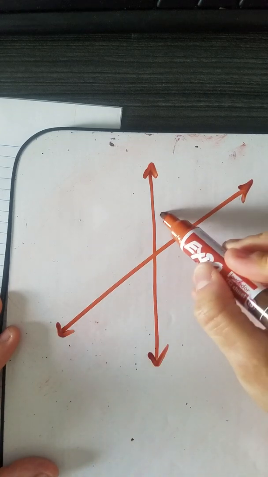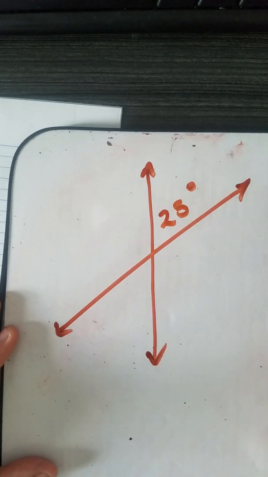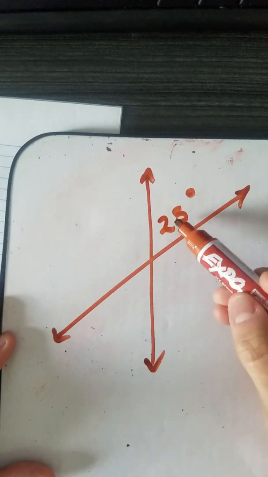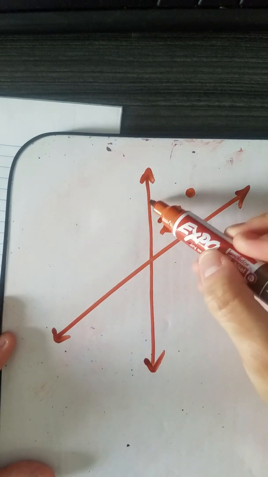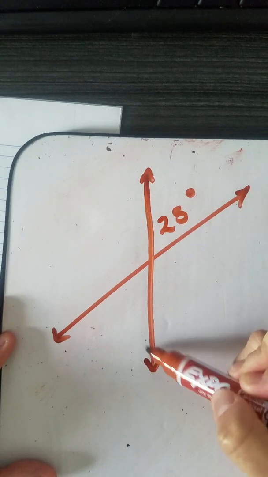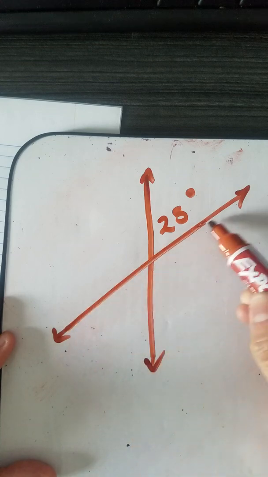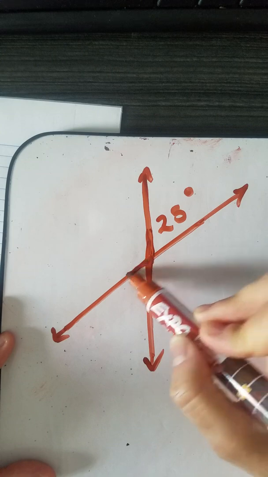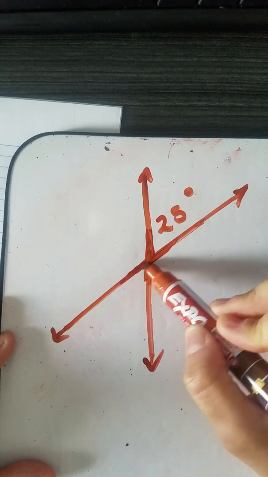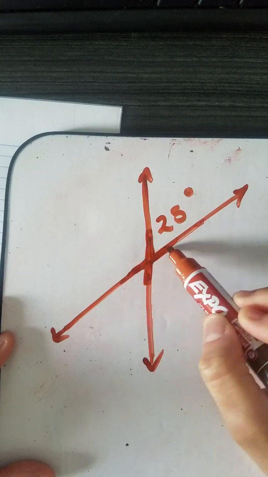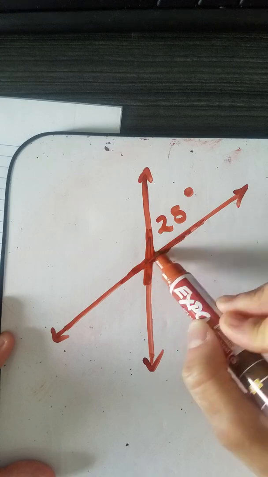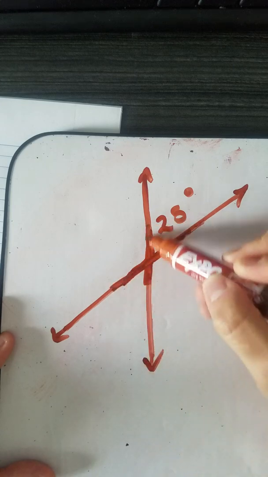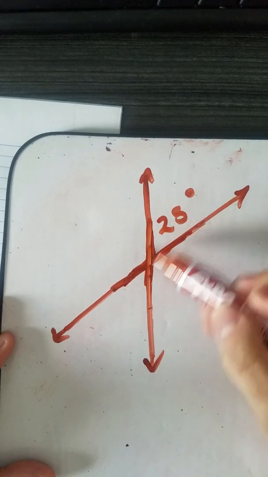Let's say I tell you that this one is 25 degrees. Then it will be very simple. Any other angle that shares lines and the same vertex, this little V right here, okay, and it shares the line. Look, this line is shared with this line, and this line is shared with this line, are called vertical.